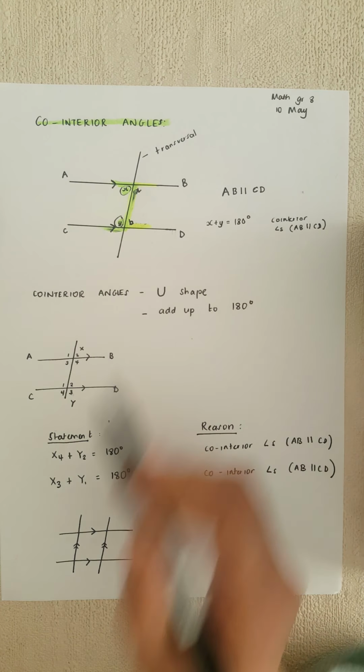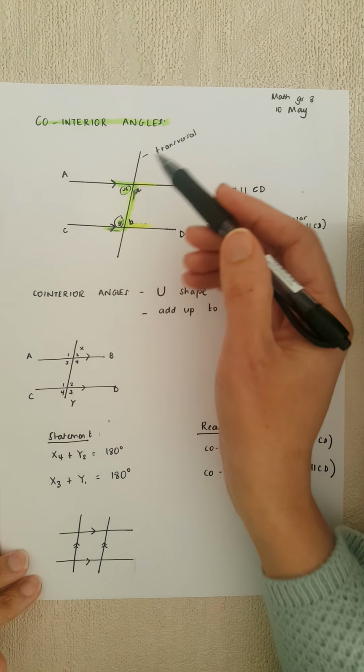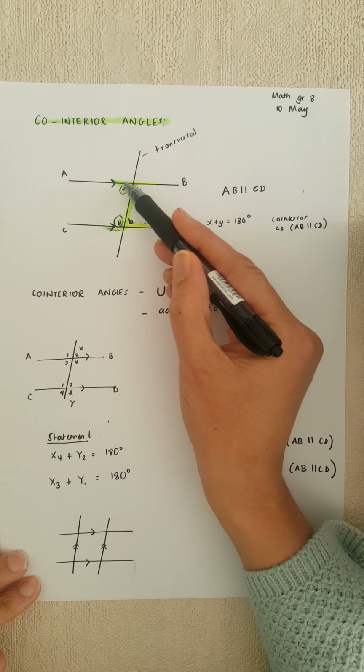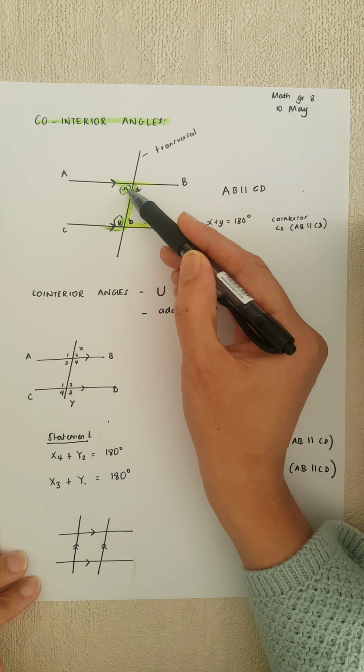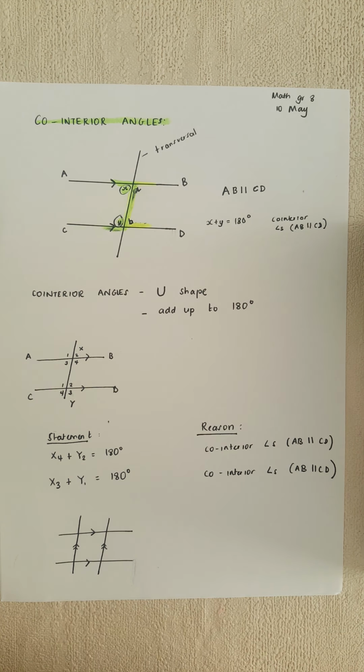You only get co-interior angles if you have parallel lines. So when you see a diagram with parallel lines, you know to look for co-interior angles. When a transversal cuts those parallel lines, there's a U shape on this side. X plus Y are co-interior angles, and A and B on this side are co-interior angles, and they add up to 180 degrees.